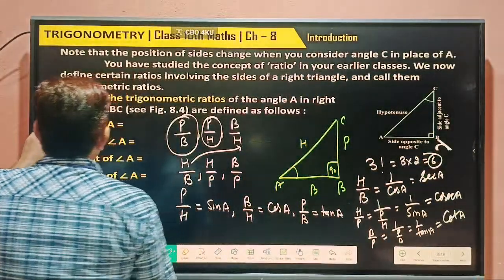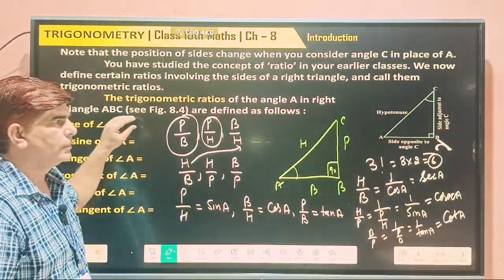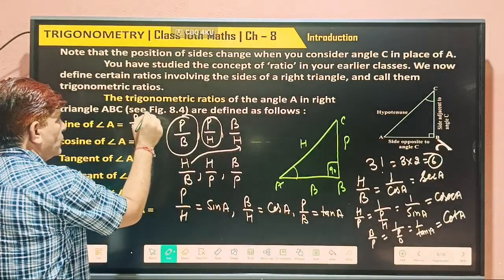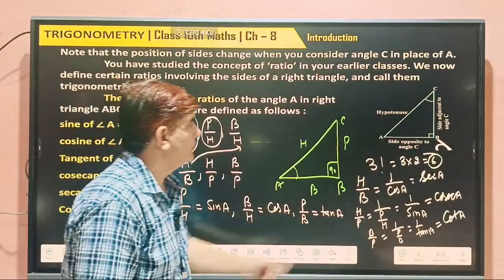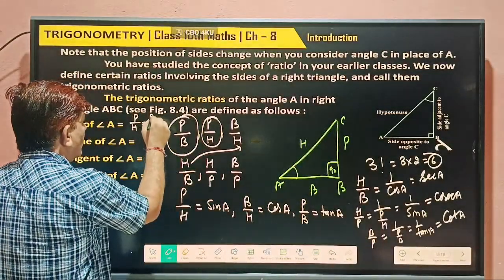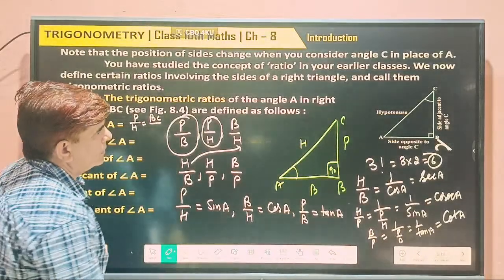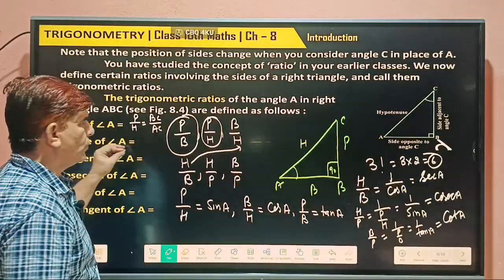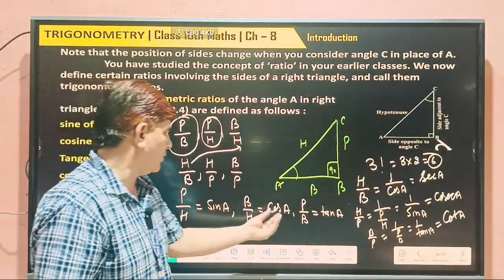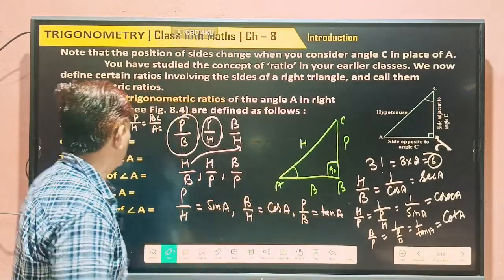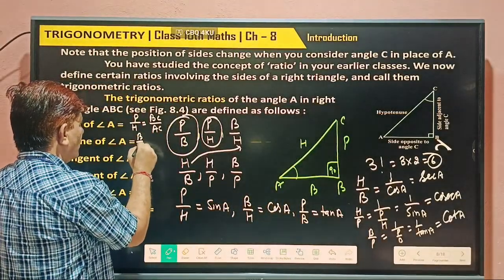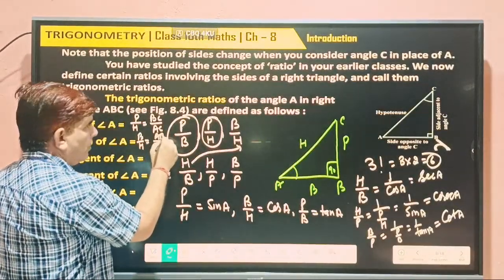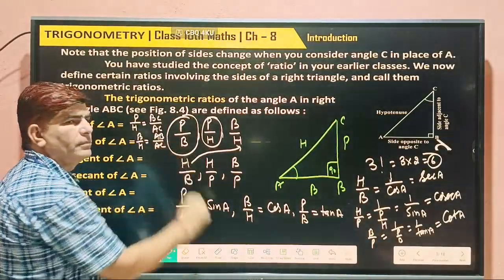So sin of A is perpendicular by hypotenuse. Which one is the perpendicular in this triangle? BC. So BC by AC. Cosine of angle A, what's B by H? Base is AB, so AB by AC.